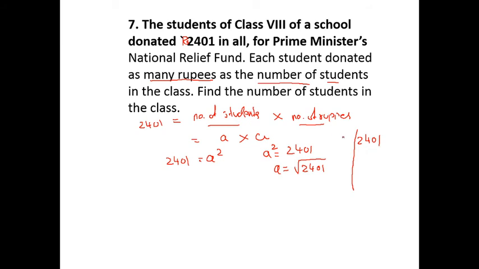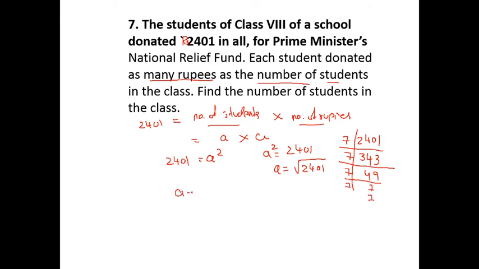So we cannot do it by 2, 3, 4, 5, 6. We have to start from 7. 7 threes are 21, 7 fours are 28, again 7, again 7, again 7.